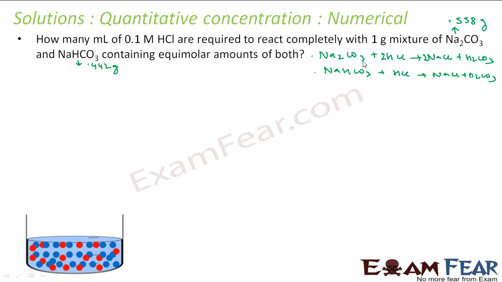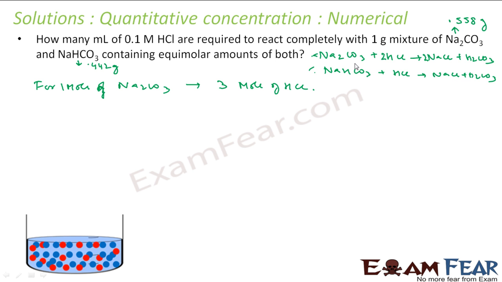So for 1 mole of Na2CO3, 2 moles of HCl are required, right? And for 1 mole of NaHCO3, 1 mole of HCl is required. So for 1 mole of Na2CO3, I can say that a total of 3 moles of HCl are required, because we know that this mole and this mole are the same, given.